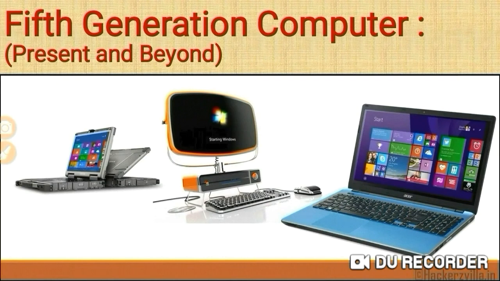Fifth generation computers are still in the development process, though there are some applications that are being used today. Ultra large scale integration resulted in the production of microprocessor chips having 10 million electronic components.